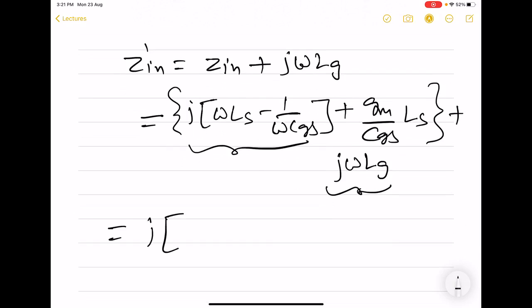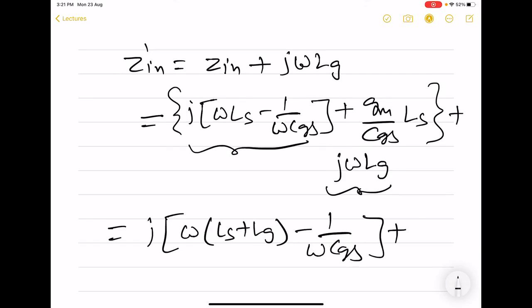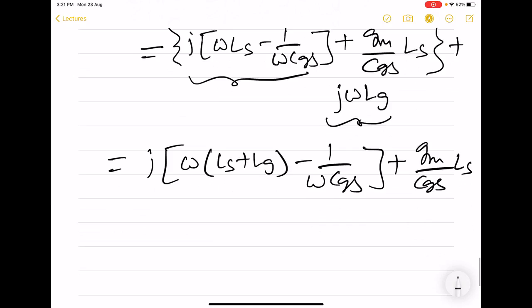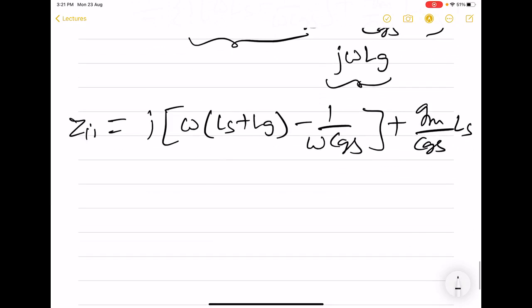So we now have omega into (L_S plus L_G) minus 1 by omega C_GS, and the real part. So this is the new input impedance. And this new input impedance is going to be real when this is equal to 0.